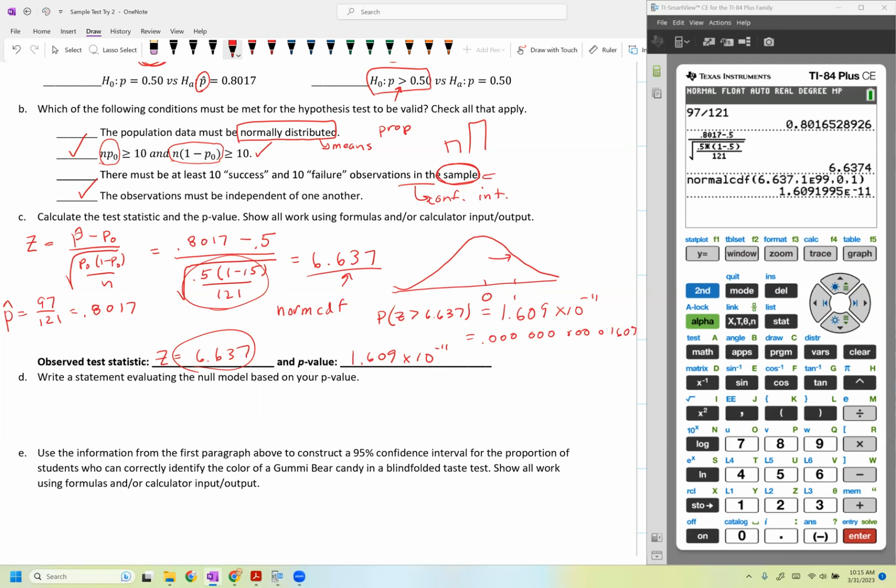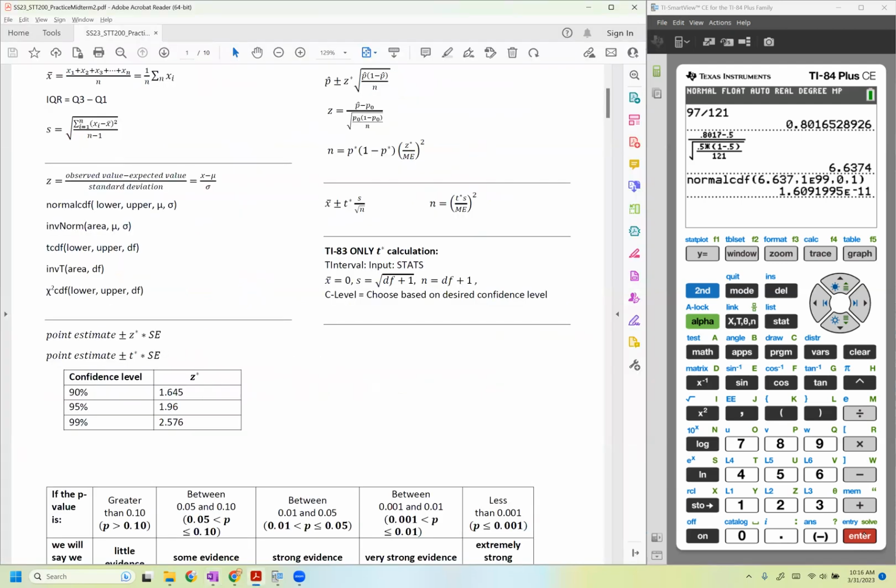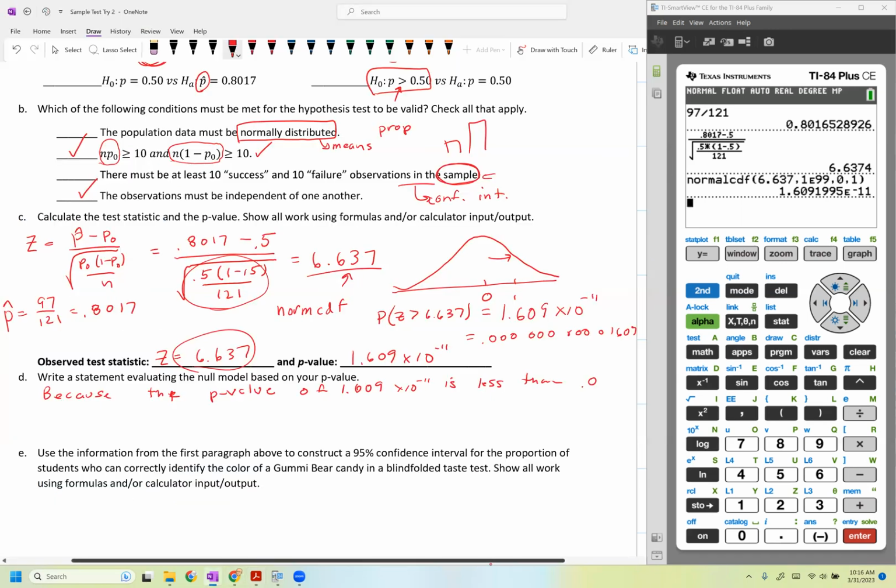Write a statement evaluating the null model based on your p-value. Well, because the p-value of 1.609 times 10 to the negative 11th is less than, we look back at our formula sheet, and the instructor has said any p-value less than 1/1000th is extremely strong evidence. Well, that's what we have.